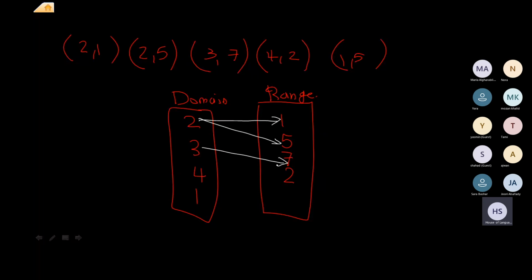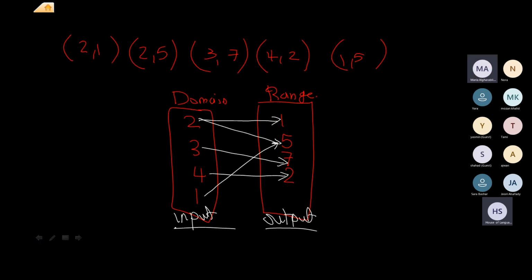Then 4 to 2. Then 1 to 5. So I drew a mapping diagram. I connect each input with its output.